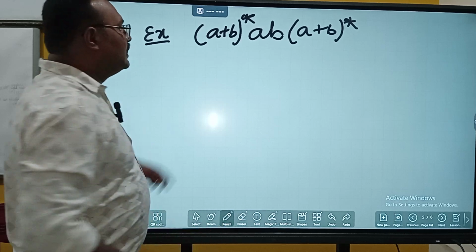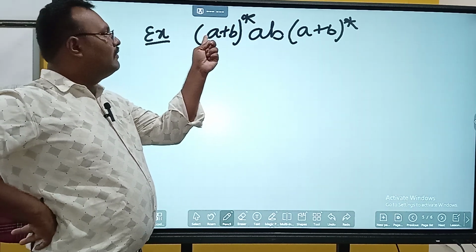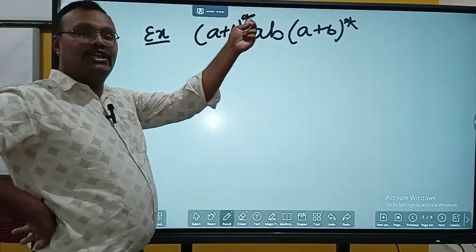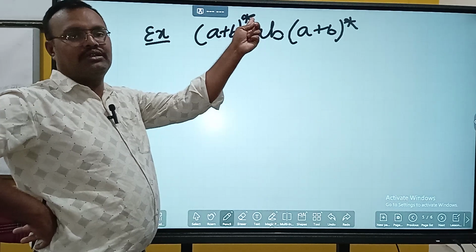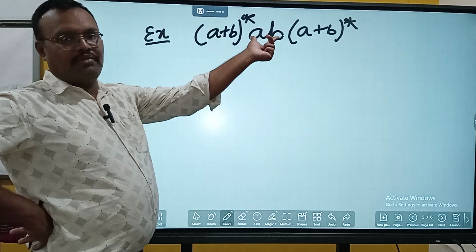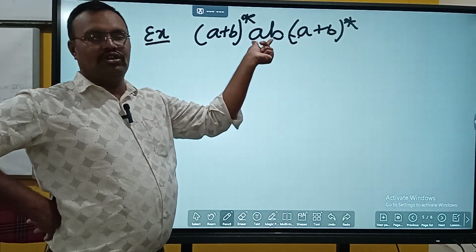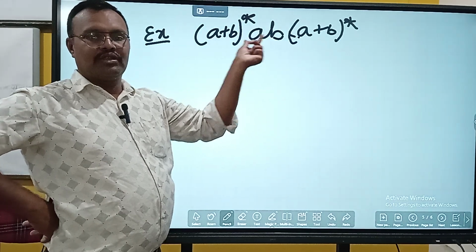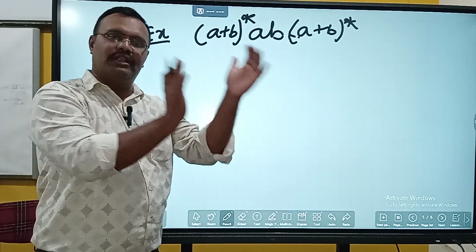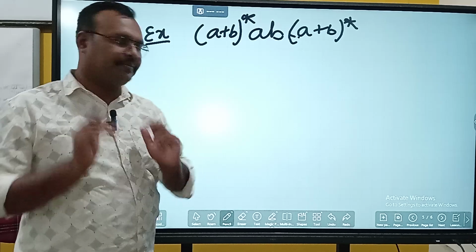That means this is a regular expression which tells you that you can have either A or B. Star indicates zero or more number of times. Listen here, if this is 0, the string will start with AB. Similarly, if this entire thing is 0, the string is going to end with AB. So AB should be there. It can be in the beginning, or in the end, or in between. But AB should be there for a substring.